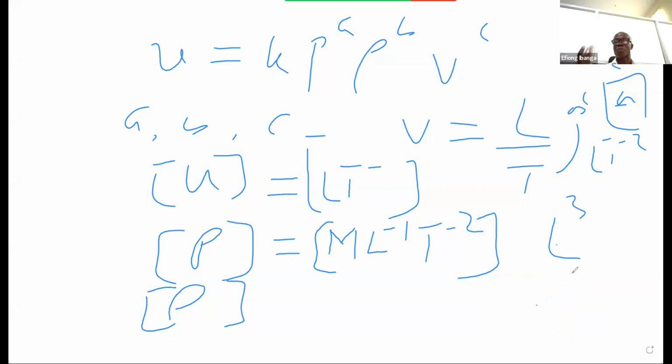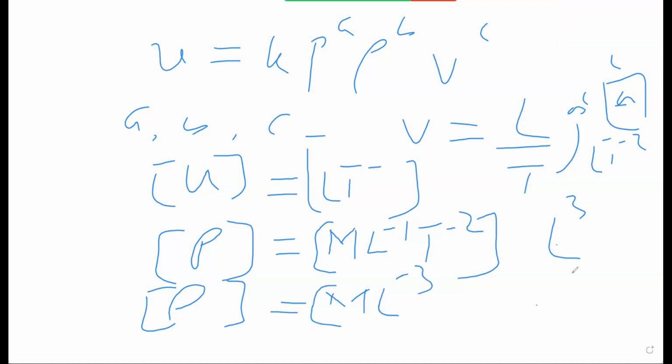Whether it is breadth or height, each is also a length of a kind. So that's why we are saying L cubed. Therefore, the dimensions of density is going to be M L to the minus 3. That's what we are going to substitute in that formula.